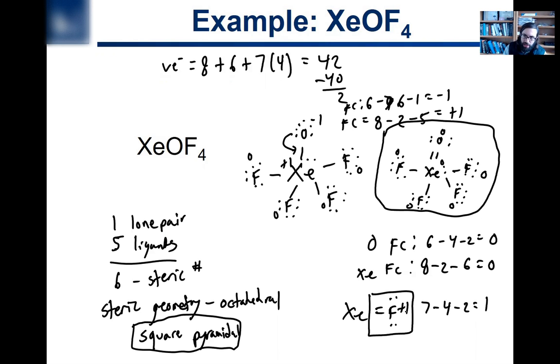Halogens, especially fluorine, never want to have double bonds because the formal charge is positive. Remember, if you have to have a negative somewhere, you want it to be on an electropositive atom. And fluorine is the most electronegative atom. It really doesn't want to donate its electrons away. I mean, that's what you're doing when you're making a double bond. You're saying, hey, I'll share more electrons. No, that's not going to happen with fluorine.